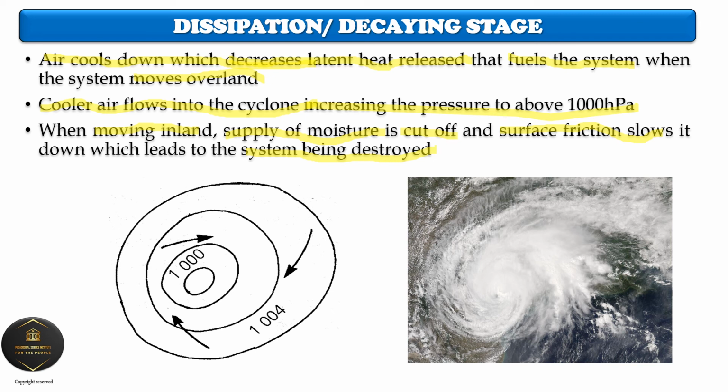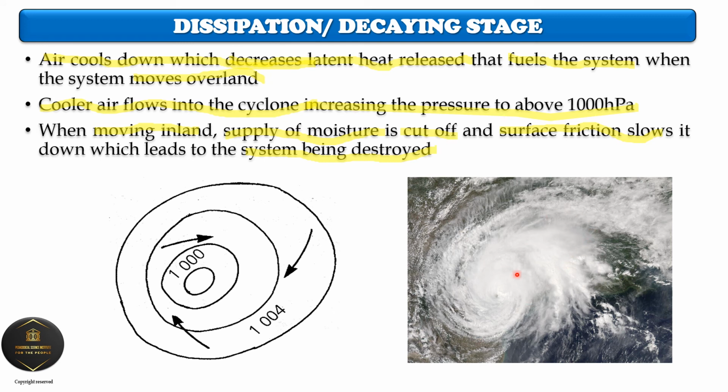And in a synoptic weather map, you will see circular isobars or oval isobars, and pressure that is slightly higher shows us that it's in the dissipation stage or decaying stage. And in terms of a satellite image, you see that the eye is destroyed, so we don't have the lowest pressure anymore. So the clouds are a bit scattered over there.